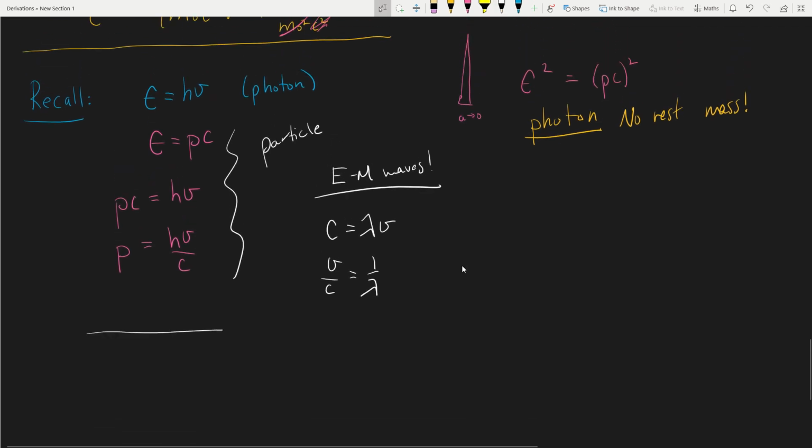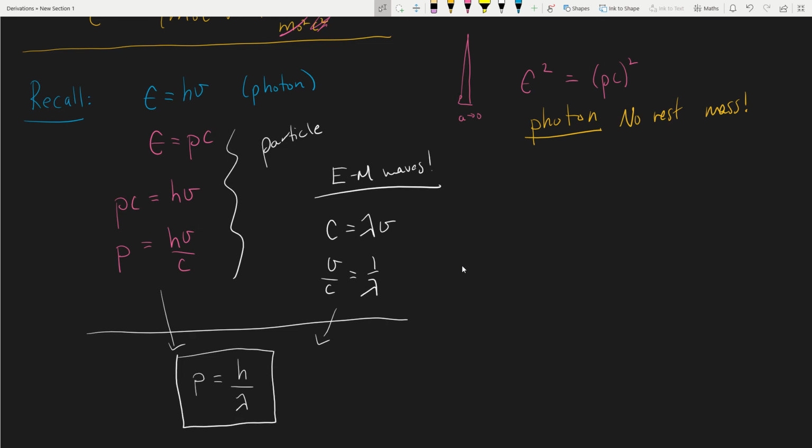Combine these two bits of logic and you get the classic relation that momentum is equal to h over lambda. This is an extraordinarily bizarre result. We're saying the momentum of a photon, which has no rest mass, is purely due to its wavelength or frequency. It has momentum due to its wavelength or frequency.